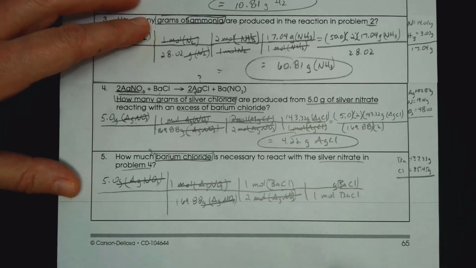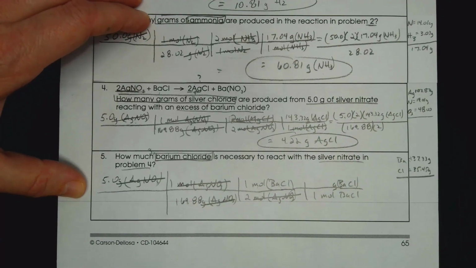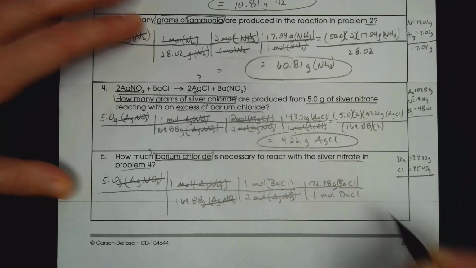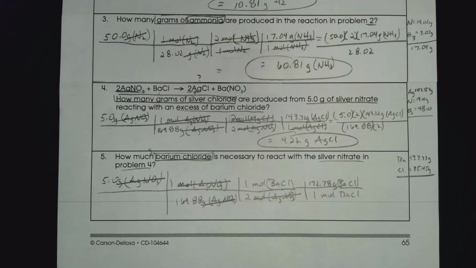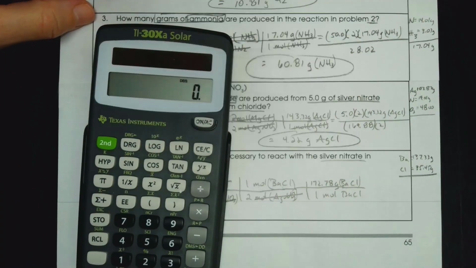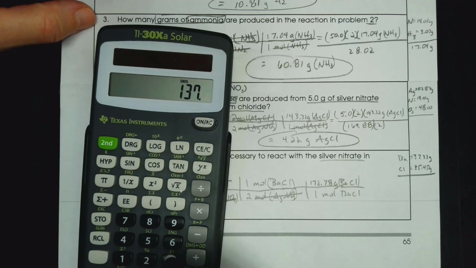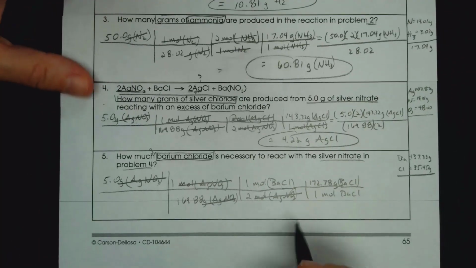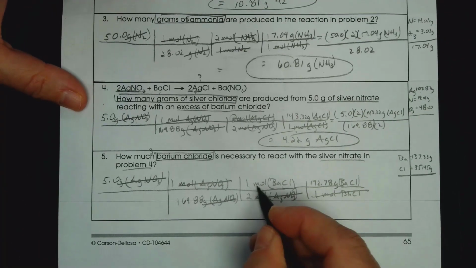And if I add those guys together, I end up with a mass of 172.78 grams. And if you need me to prove it, I've got 137.33 plus 35.45 is 172.78 grams. And I forgot to cross that out.